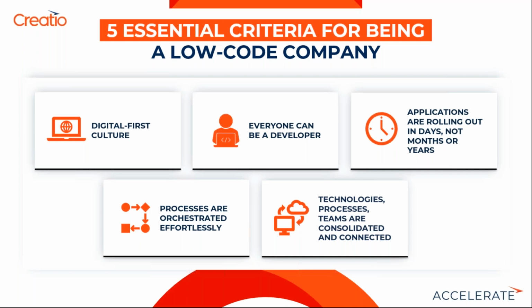And once that happens, those processes are orchestrated effortlessly, so nothing falls between the cracks. It breaks down those siloed data systems, those siloed teams, and brings them together in a single technology that allows them to collaborate more effectively, to make better data-driven decisions because everybody is utilizing the same technology.